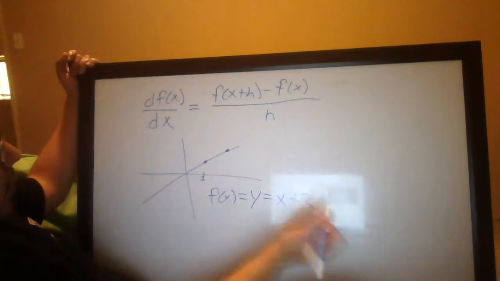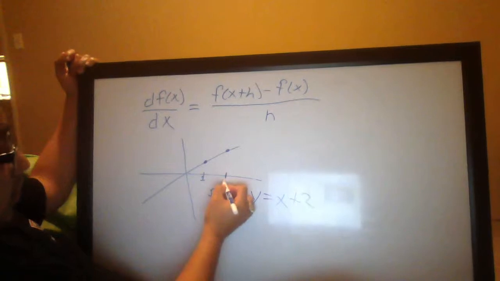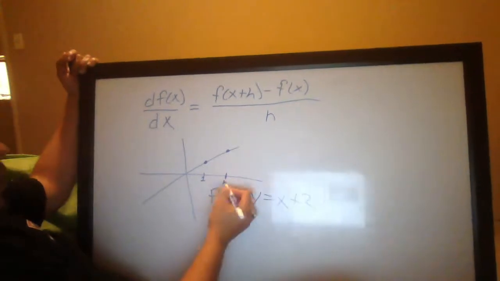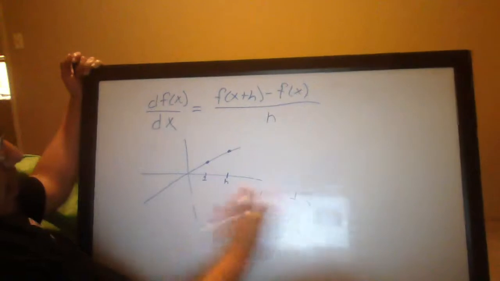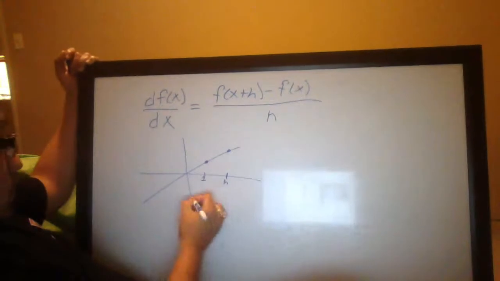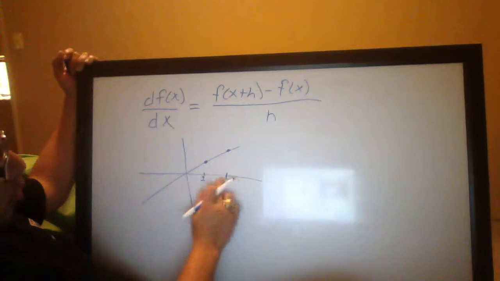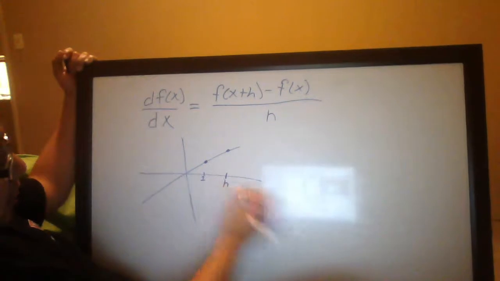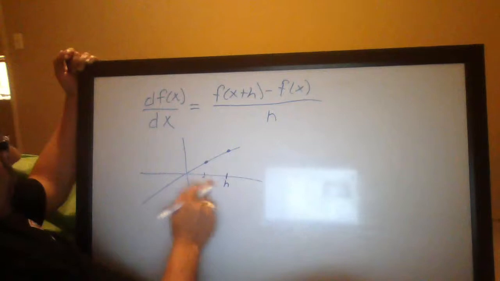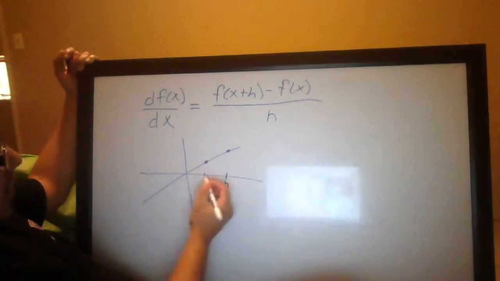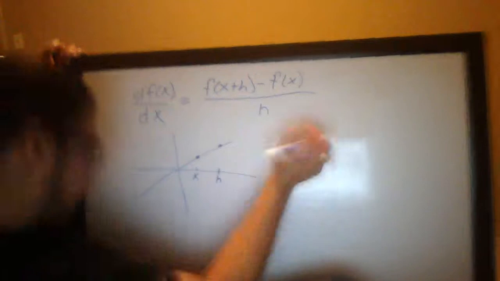And the distance between them is h. I just arbitrarily chose it to be h. So let's make this x. That's x and that's h. Okay?